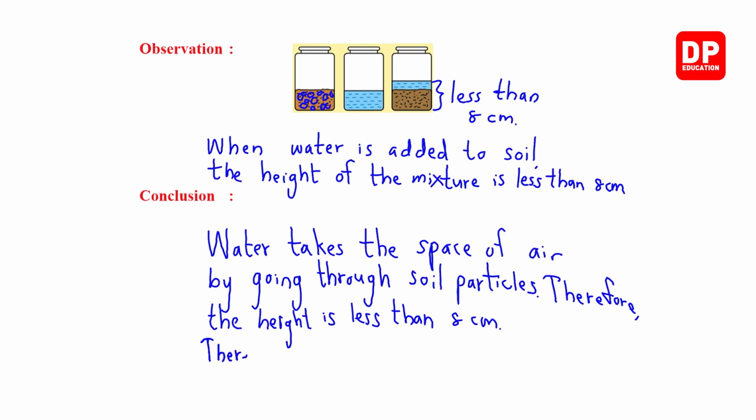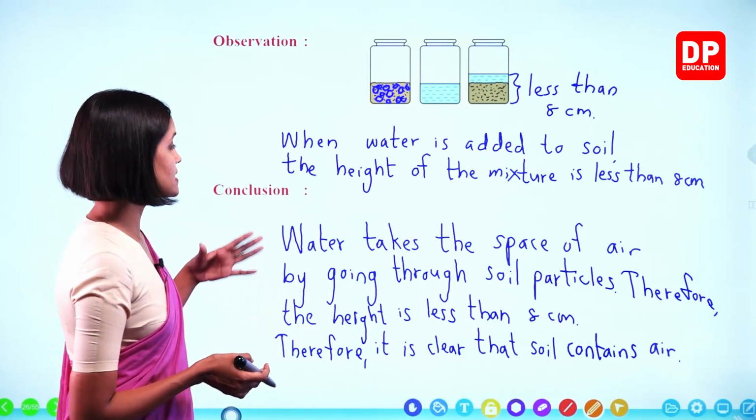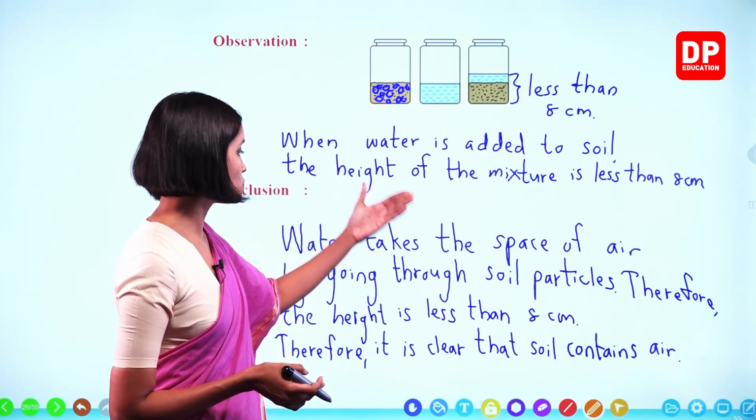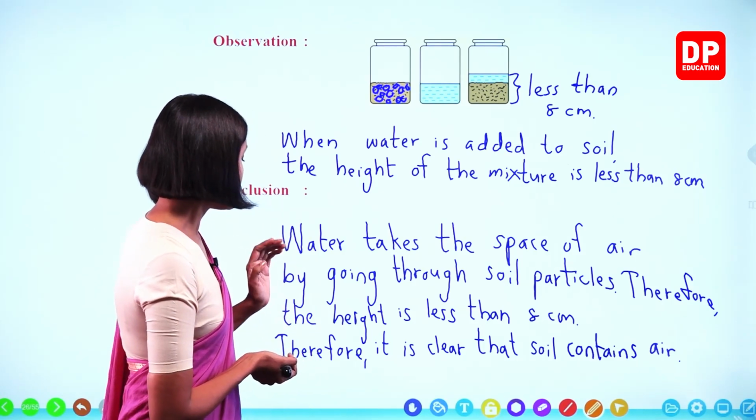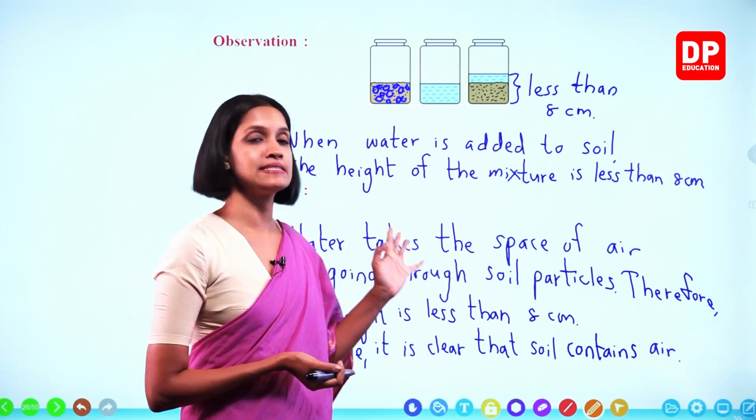Therefore, it is clear that soil contains air. Okay? Water takes the space of air by going through soil particles. Therefore, the height is less than 8 centimeters. Therefore, it is clear that soil contains air.